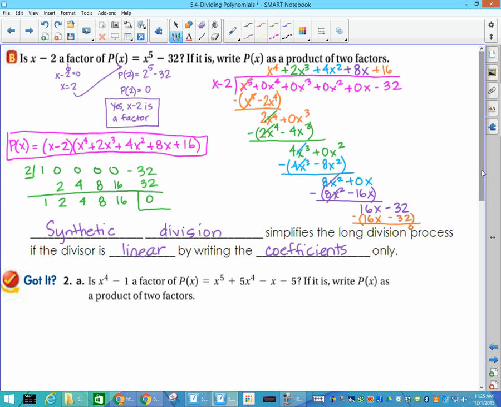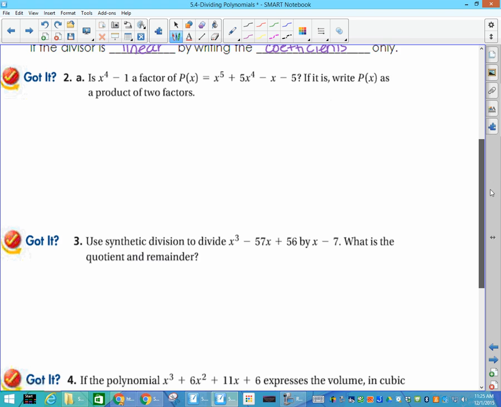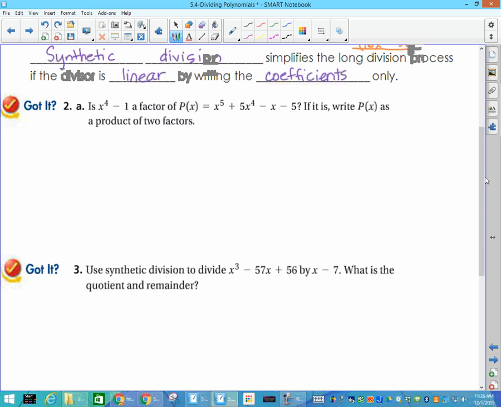But it's important to be able to do the long process because you cannot always use synthetic division. Here's an example. Is x to the fourth minus 1 a factor of that polynomial? Well, how do we know if it's a factor? We can figure out what zero that would give us. Actually, I told you not to do that, so let's not do that.